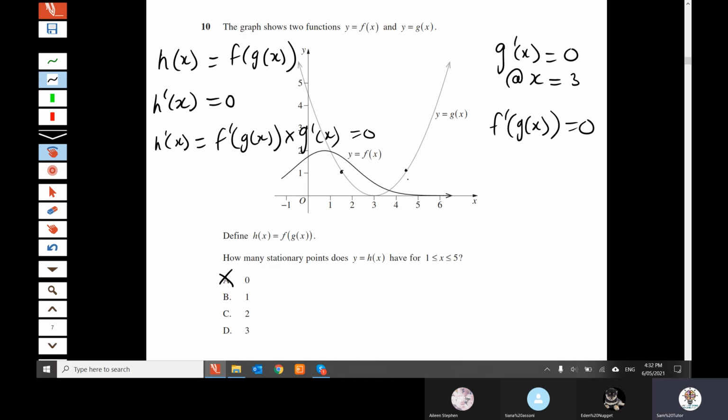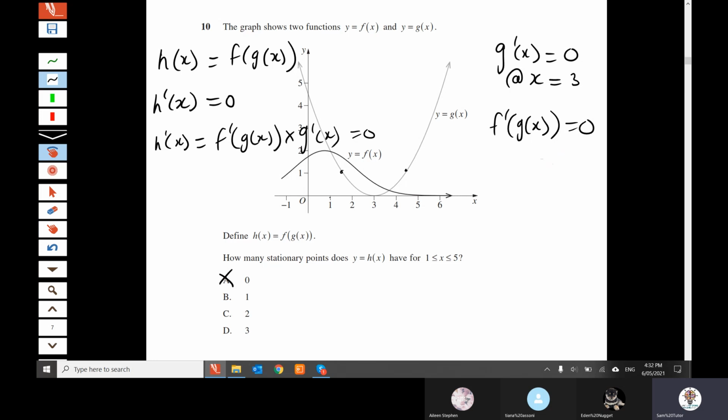One and a half and 4.5. g of x must equal to... So where would f dash of g of x be zero? Yeah, f dash of 1, okay, that's what I was looking for.